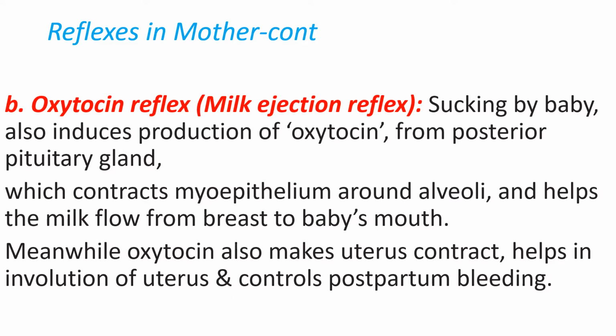Sucking by baby also induces production of oxytocin from posterior pituitary gland, which contracts myoepithelium around alveoli and helps the milk flow from breast to baby's mouth. Meanwhile, oxytocin also makes uterus contract, helps in involution of uterus and controls postpartum bleeding.